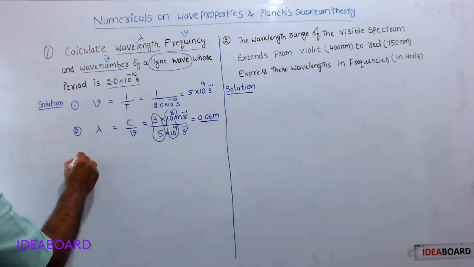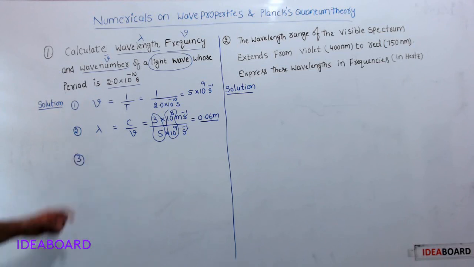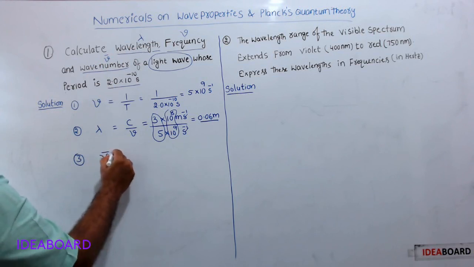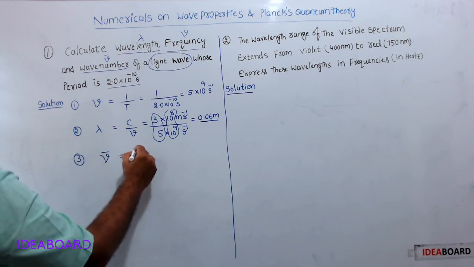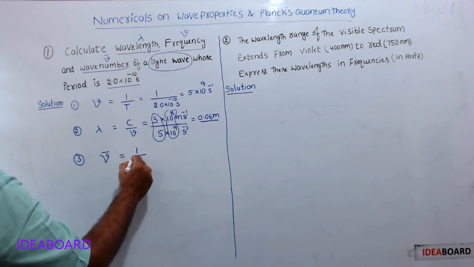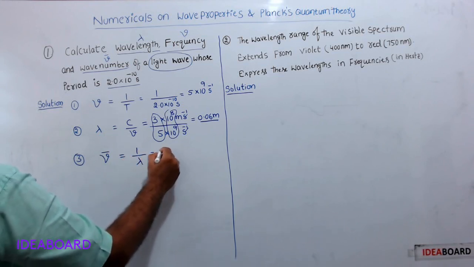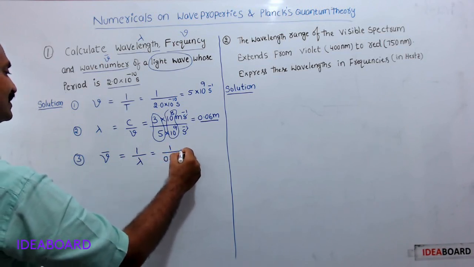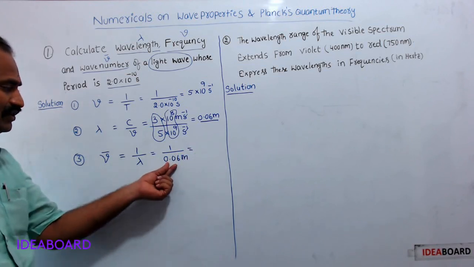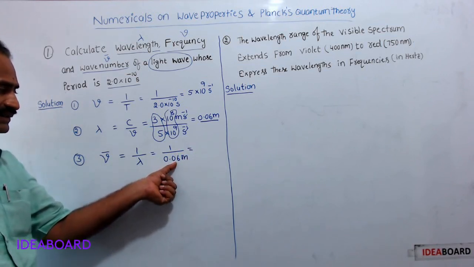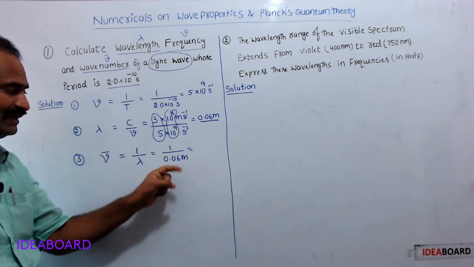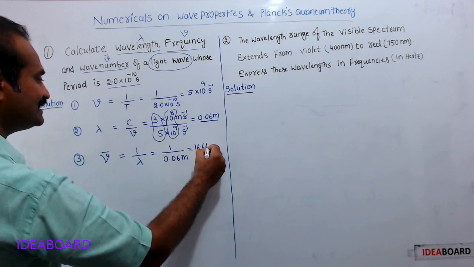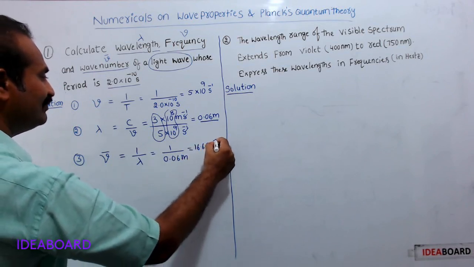Now, the third one, we need to find the wave number also. Wave number nu bar has a direct relation with wavelength: wave number is nothing but the reciprocal of wavelength, 1 by lambda. So 1 divided by 0.06 meters. 0.06 means 6 by 100, so we get 100 by 6, which is 16.66. 1 by meter means meter inverse.